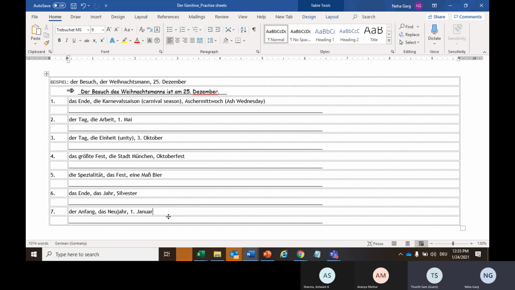Gut. Die Spezialität des Festes ist eine Maß Bier. Das Ende des Jahres ist Silvester. Der Anfang des Neujahrs ist am 1. Januar. Okay, gut.